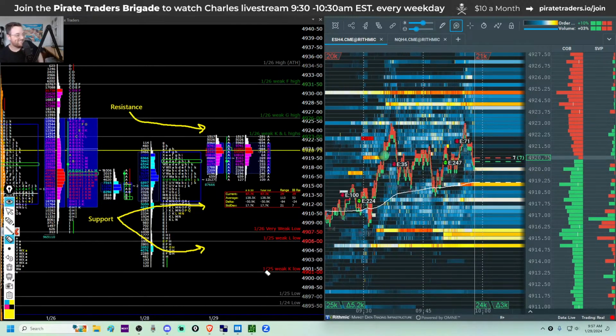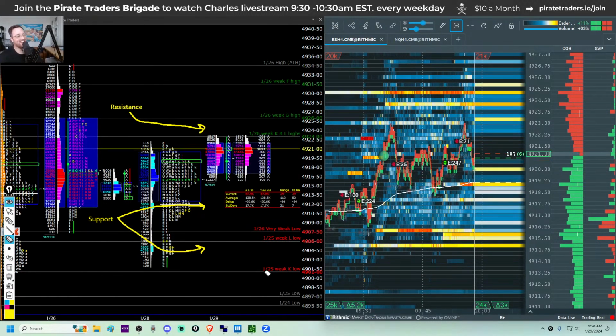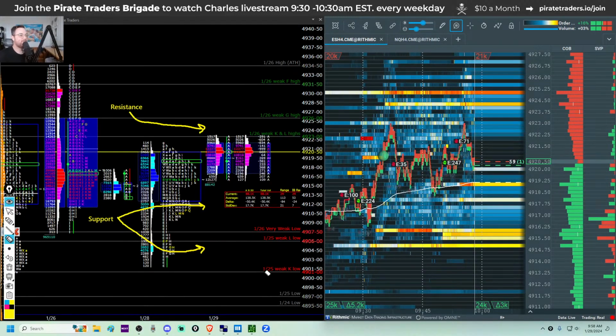Boy, this is the tightest range ever. It's like a 2-point range. All right, here we go again. Can they turn the half back into support? Can they repair the week high?